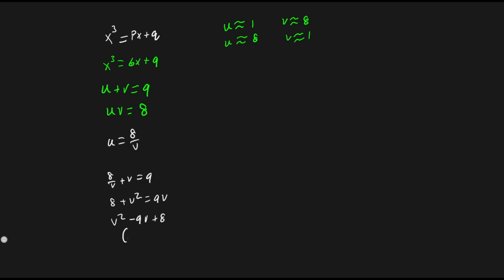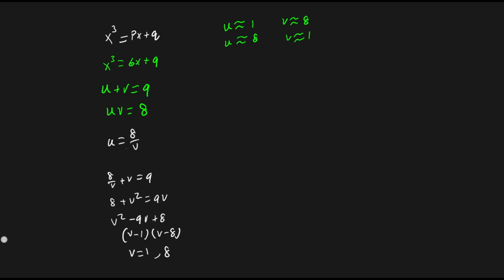We have to do v minus 1 times v minus 8, because we want to find a number that multiplies to 8 but adds up to negative 9, and negative 1 and negative 8 are those solutions, where we will get v equal to 1, 8, which does indeed satisfy our v values 1, 8.